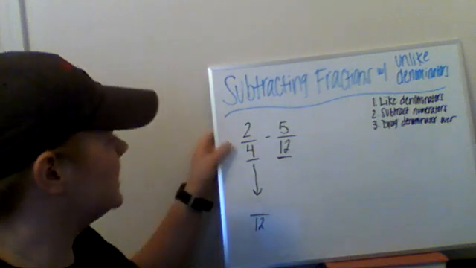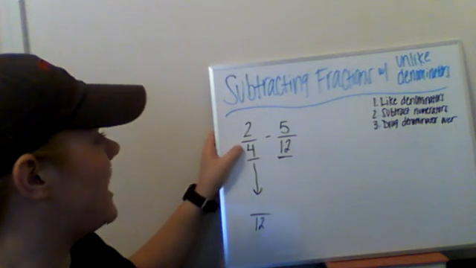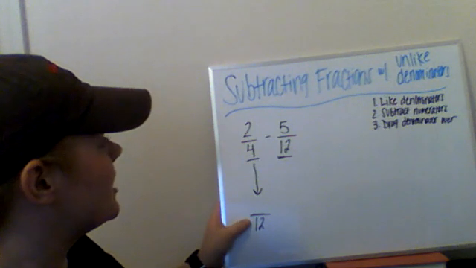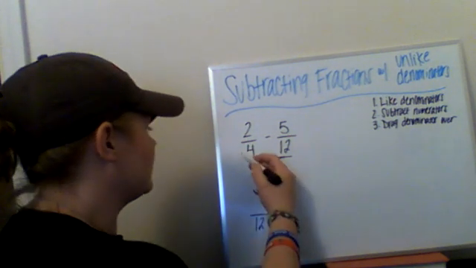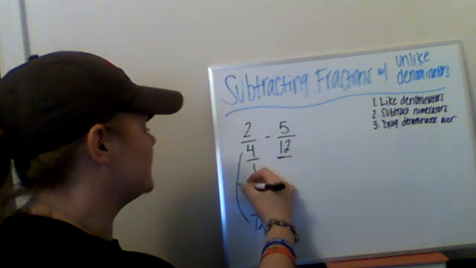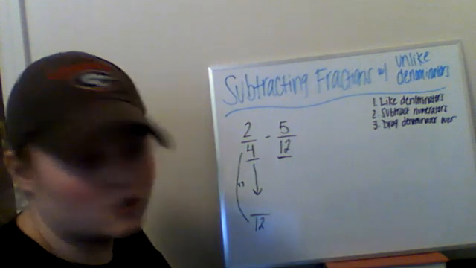Now I need to figure out how I can go from having a denominator of 4 to having a denominator of 12. To go from 4 to 12, I'm only multiplying by 3 because 4 times 3 is 12.